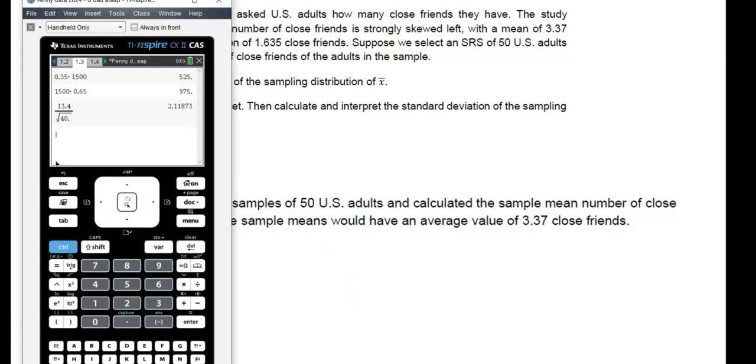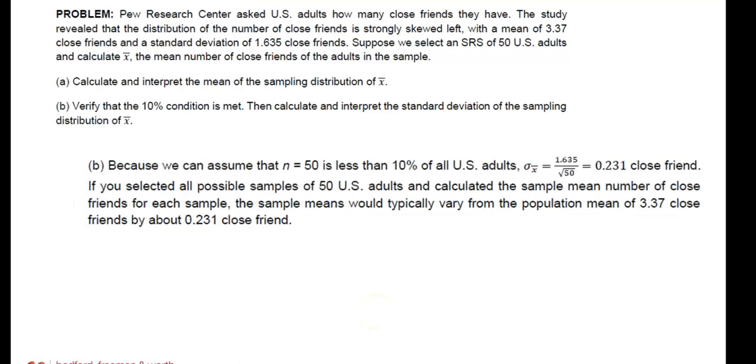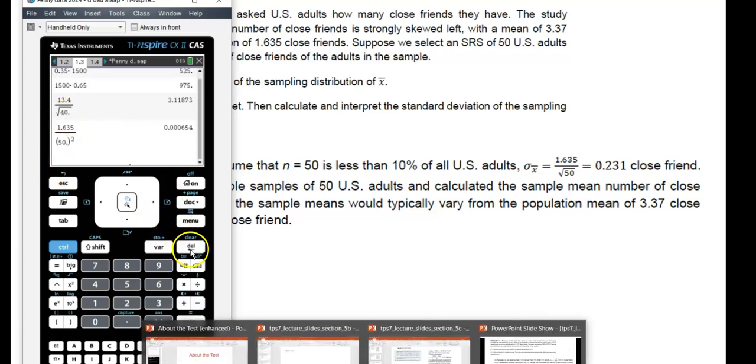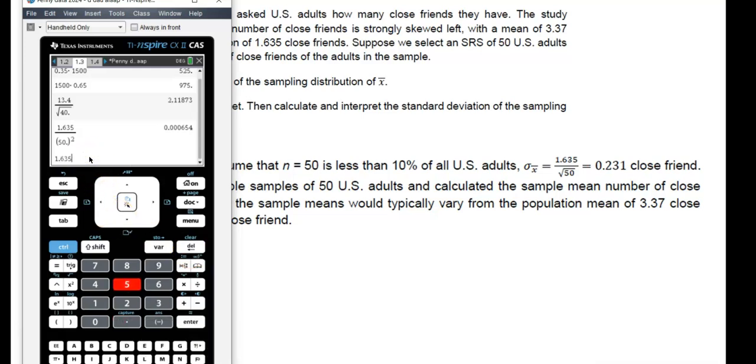Now this standard deviation, it was 1.635. You would get your calculator out because these are means. It'd be 1.635 divided by square root of 50. Did I do that right? Oh, I did squared, sorry. I must not have hit that second key, the square root.